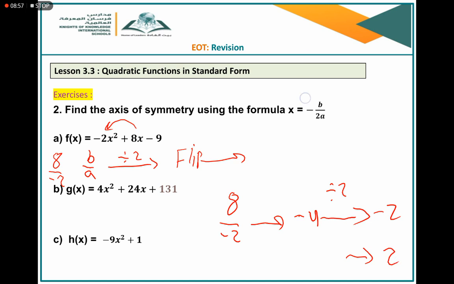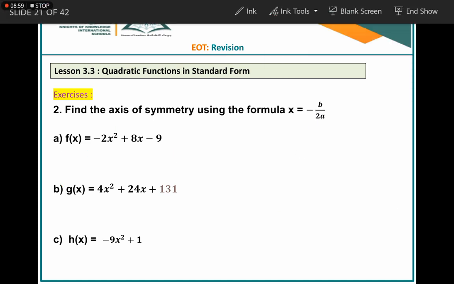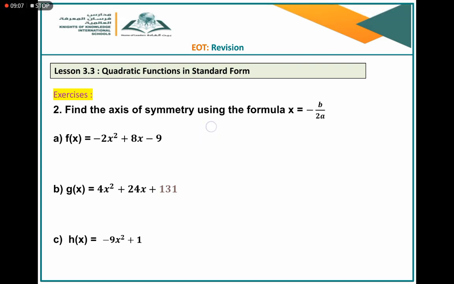So my dear student, as you see here, it is 2. So the first part of the vertex is 2.